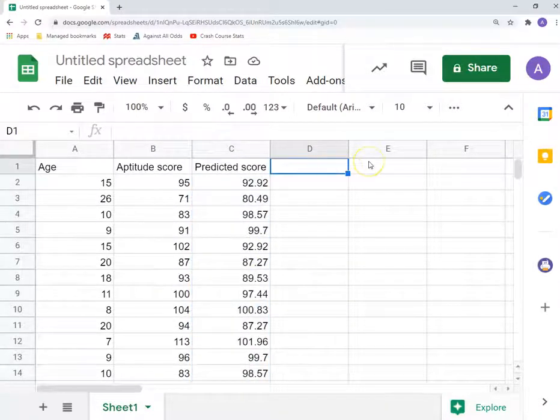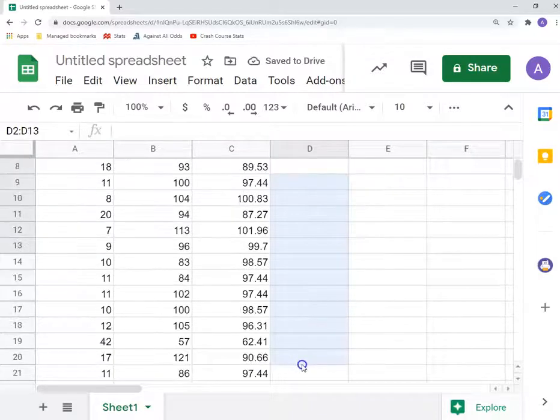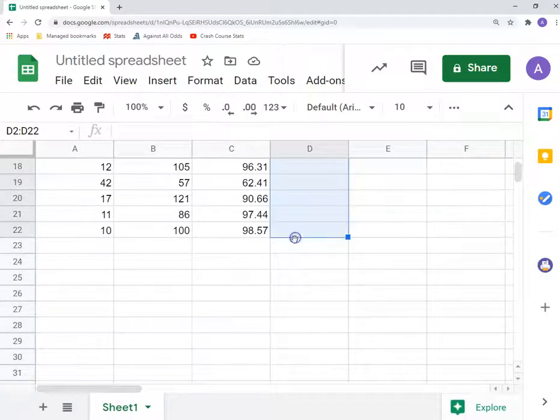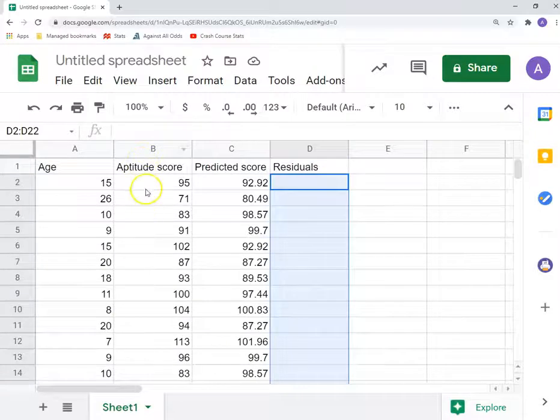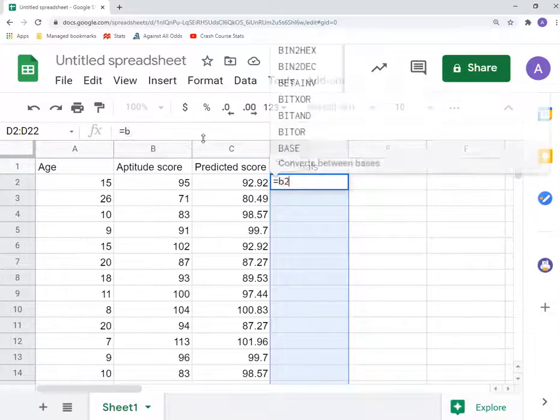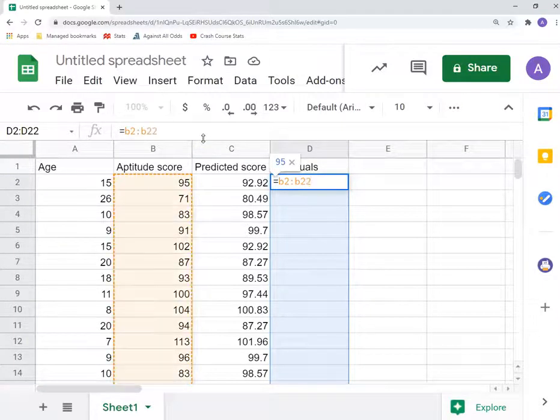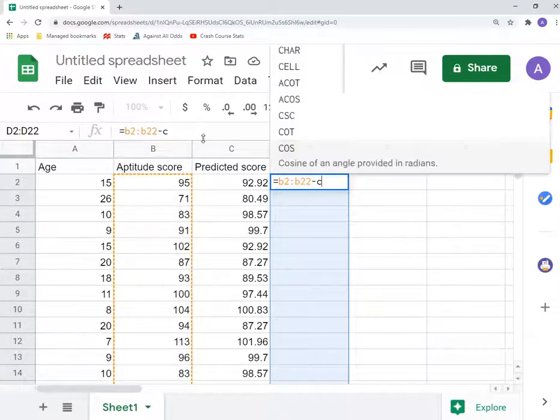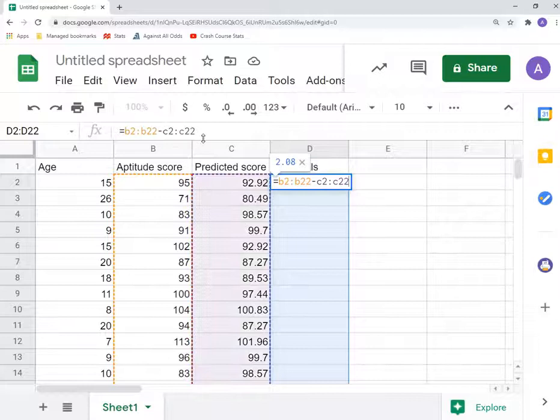And then the next column is our residuals. And remember, residuals are your actual minus predicted. So the actual aptitude scores can be found from B2 to B22. And you have to put the equal sign. So we're going to say take B2 to B22, and we're going to subtract C2 to C22.